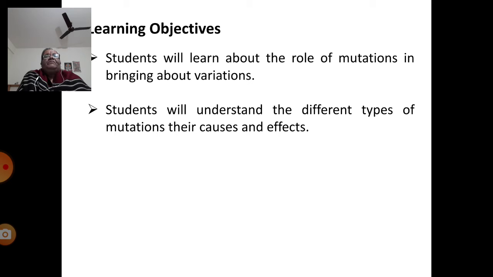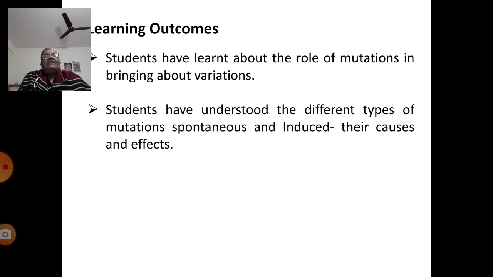So, learning objectives for students: you will learn the role of mutations in bringing about variations. Natural mutations, when they happen by nature, are the sole source for variations. Okay, it is very much needed also. And one more objective is you will understand the different types of mutations, their causes and effects.